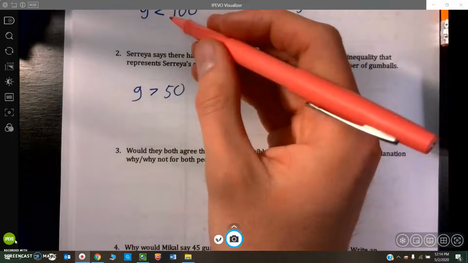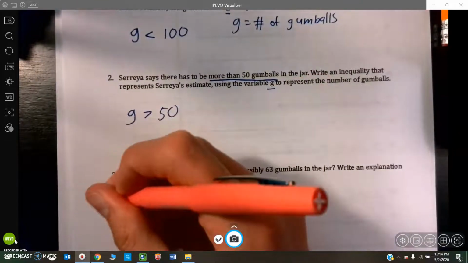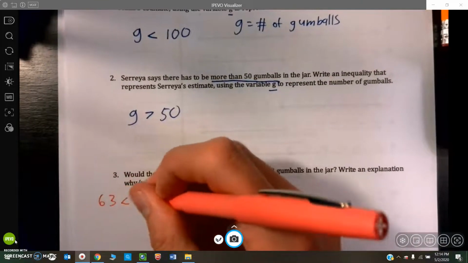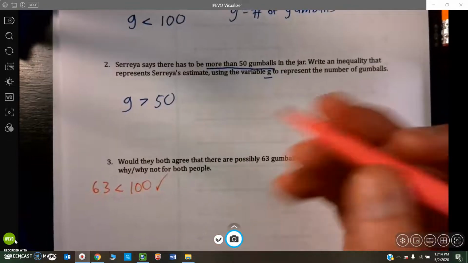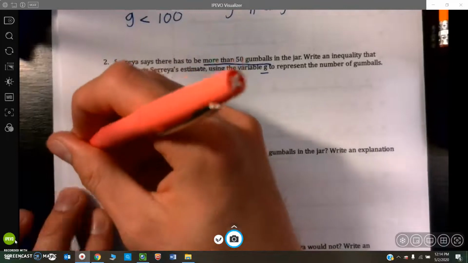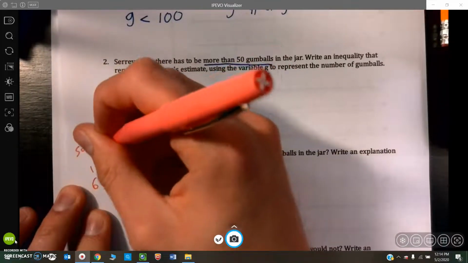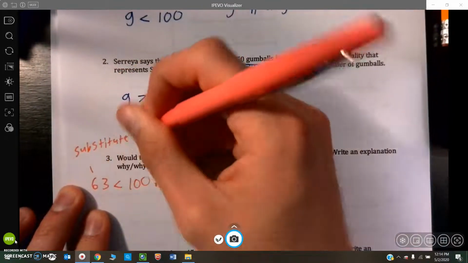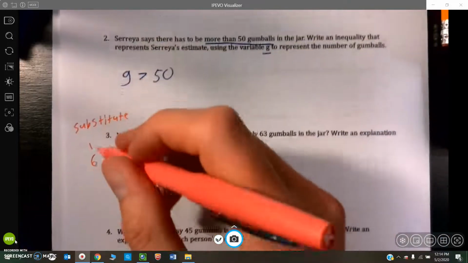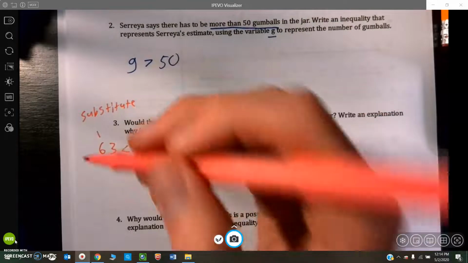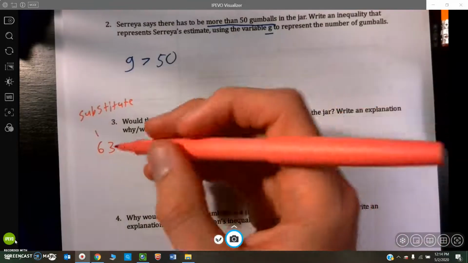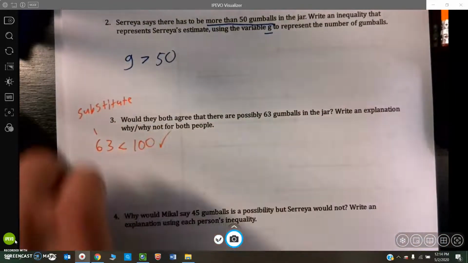So if we took Mikhail's inequality, 63 is less than 100. Well, that's true. So once again, we're substituting. That's when you replace a variable with a value. And if it's true, then it works.